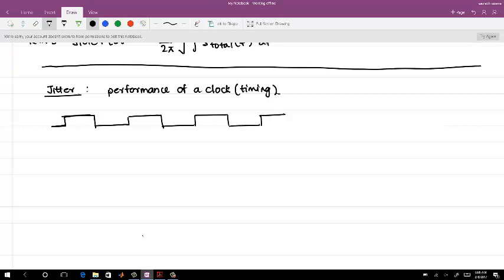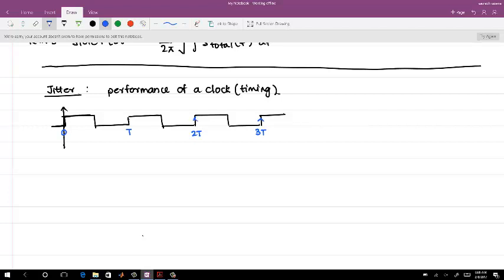If this has been an ideal clock, I am having periodic events and their period does not change. On the time axis, this one is 0, T, 2T, 3T.